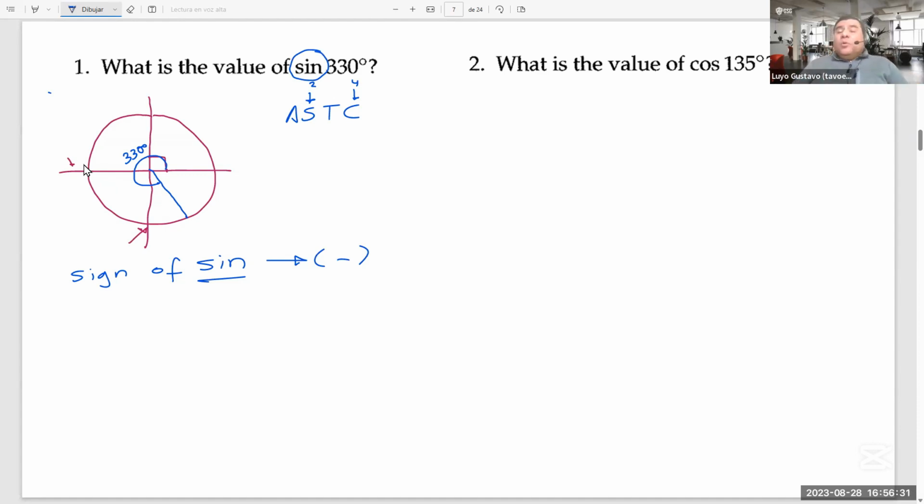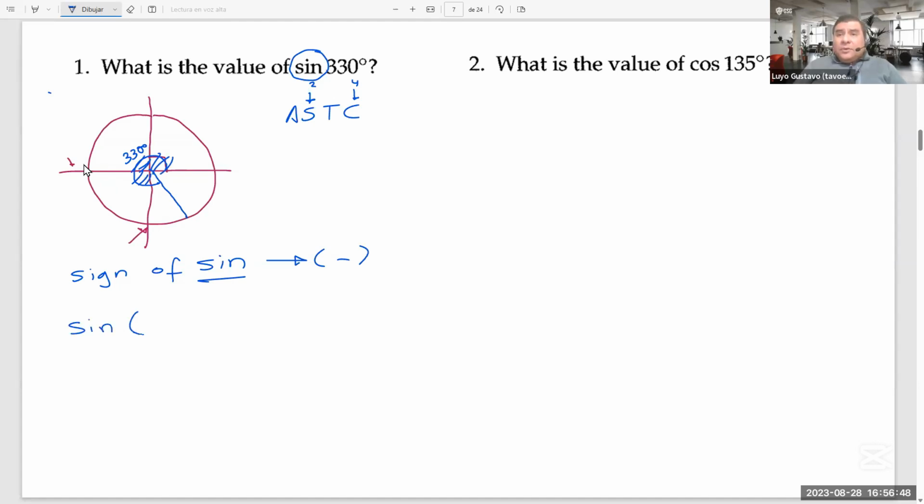What is 330? To 330, we can subtract 90 degrees three times. What are we left with?